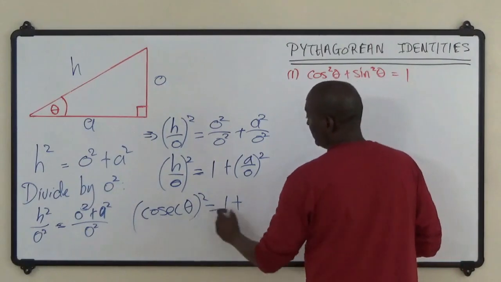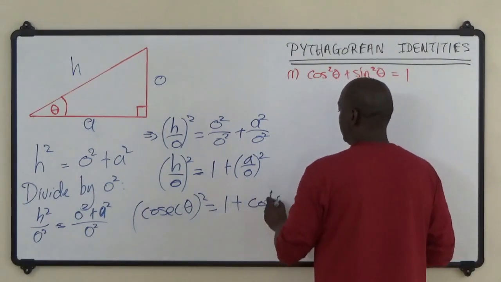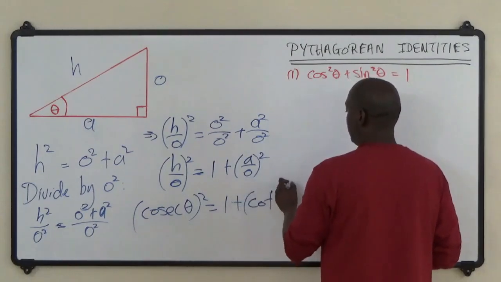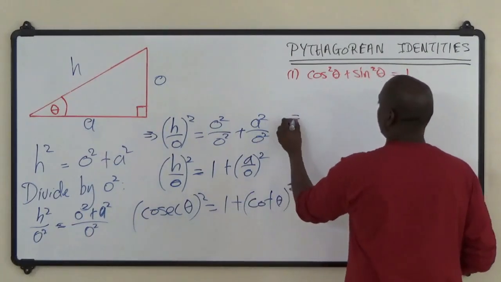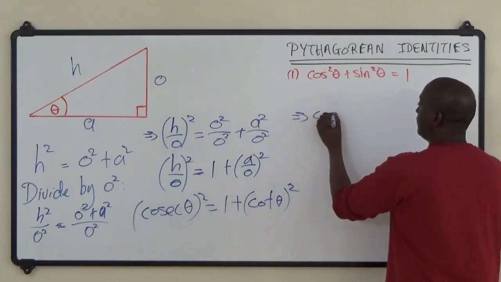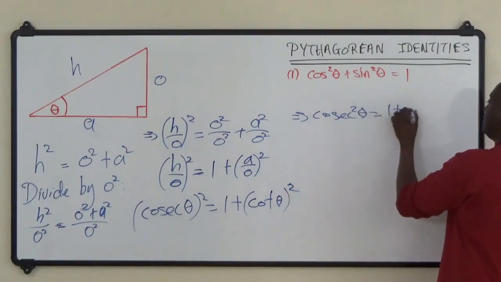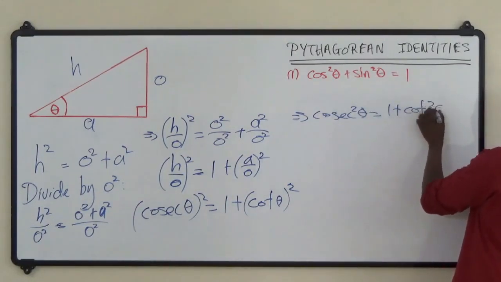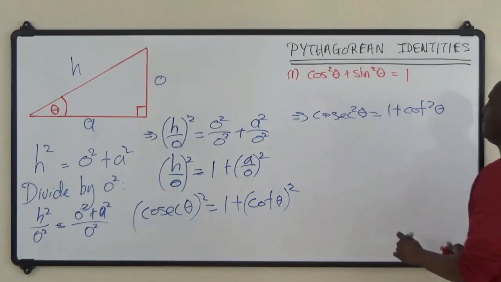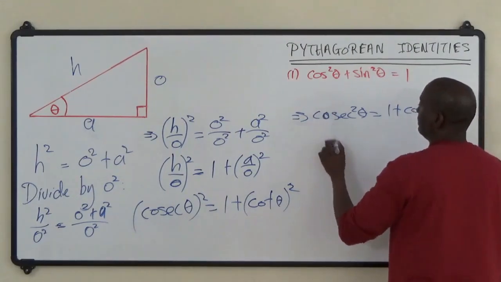So cosec theta squared will be equal to 1 plus cot theta squared. And of course, when we get here now, we'll get that cosec squared theta is equal to 1 plus cot squared theta. All right? And this is another Pythagorean identity.